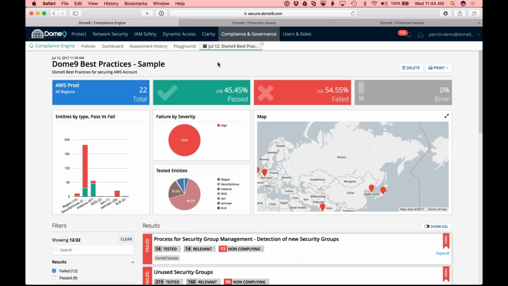Maybe at the start of a change window they want to run one assessment. At the end of a change window, via API, they reach out and run a second assessment, and then that allows them to see if anything critical has changed as part of that change management window of activity.